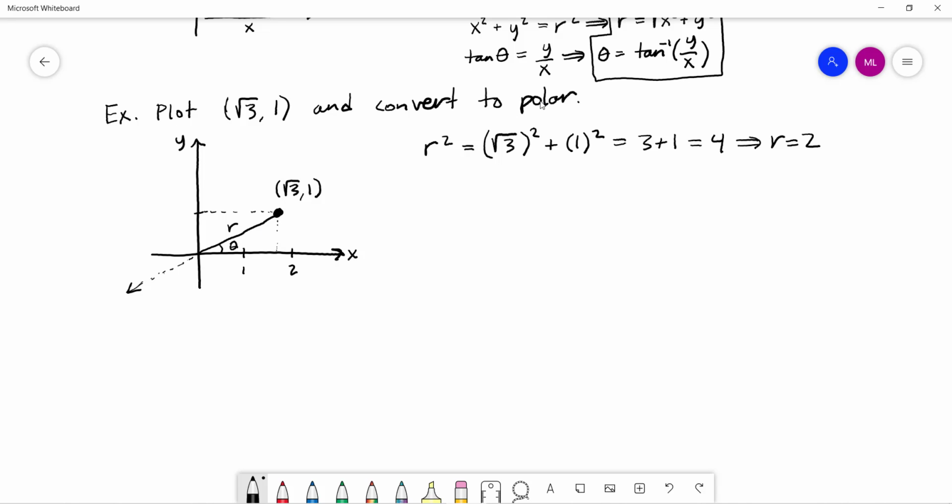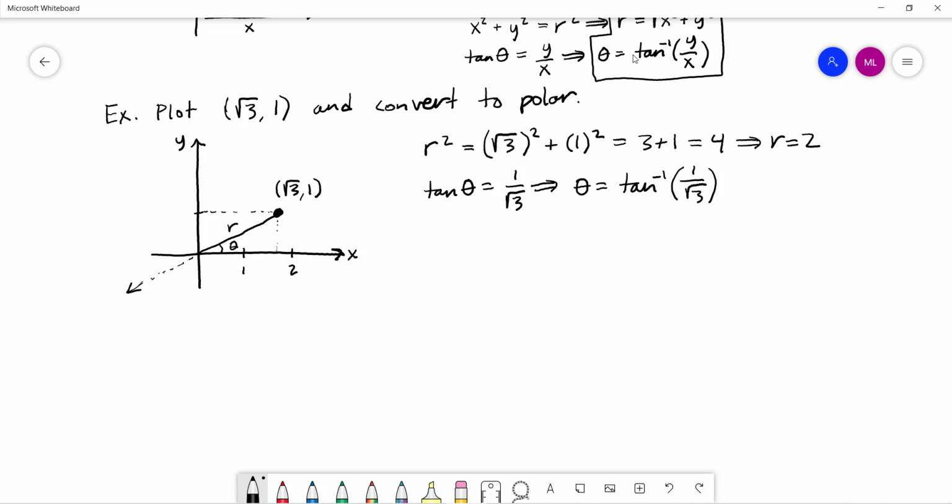And so we have our equation up here that essentially says that the tangent of theta is equal to y over x. So for us, y over x is going to be 1 over root 3. And that implies that therefore, again, theta is the inverse tangent or arctangent of 1 over root 3, or root 3 over 3.